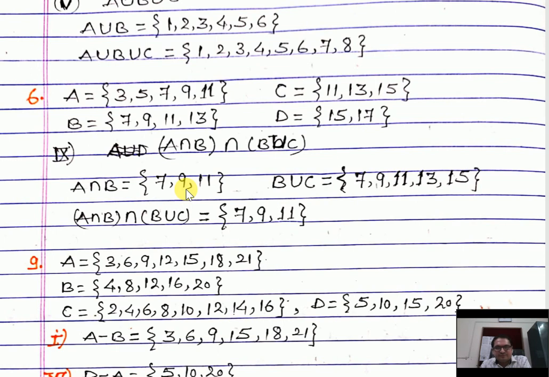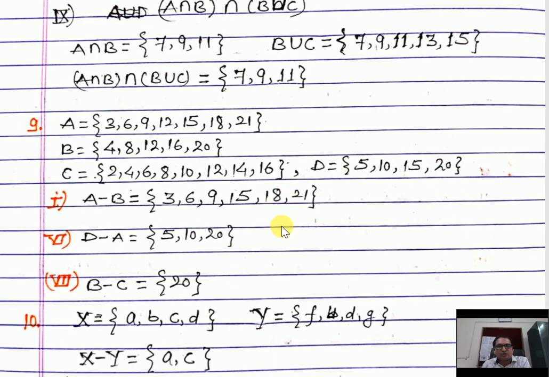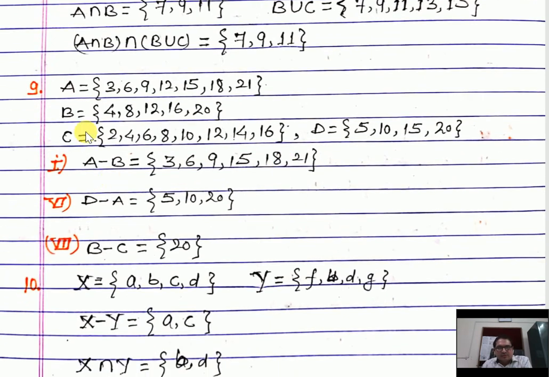Intersection means only common value, 7, 9, 11. Now find B union C. B union C means B and C common and uncommon values you have to write, and then find the intersection of this and this. So 7, 9 common and 11 is also common. So 7, 9, 11. Question number 9.